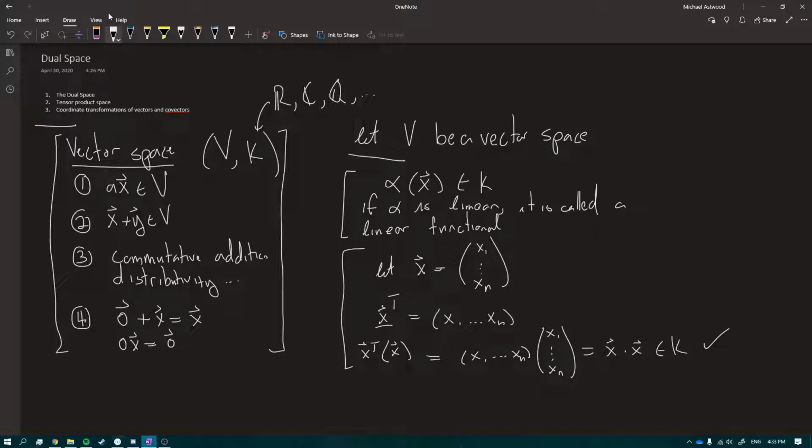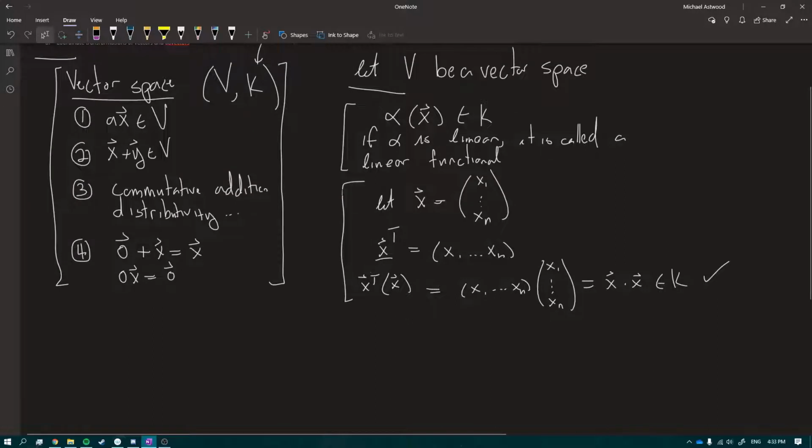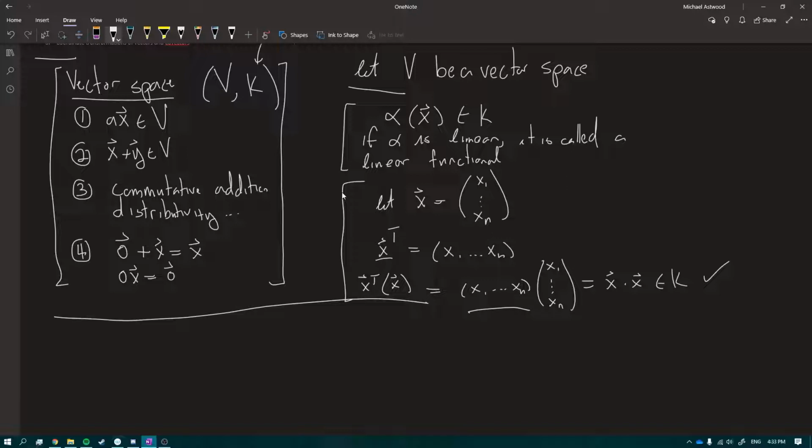So this vector space of linear functionals, you've all seen that you can write matrices as a vector space. So here you can obviously see that a linear functional forms a vector space. So the space of functionals is called the dual space. So I'm going to define that. Dual space.